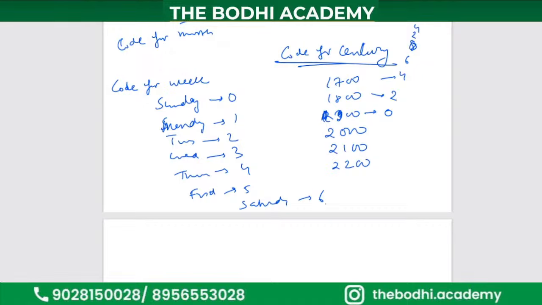And whenever you go later than 1900, you go in the decreasing order: 0, 6, 4, and 2, like this. So this way you have to go 0, 6, 4, 2, and on the top 0, 2, 4, 6. These are the numbers of odd days. That's why it has to start with 0 and end with 6. You cannot take 7, because if you divide 7 by 7, the remainder is 0. That's why 0 to 6.